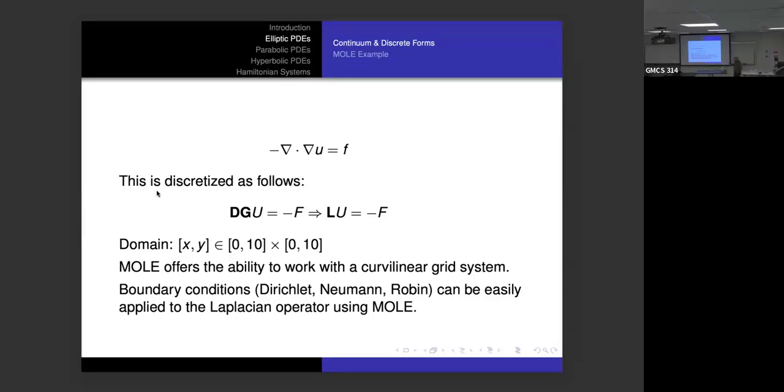So at the moment, we also have different boundary conditions, but you really need to work to impose the boundary conditions properly. We are working in the near future to expand the boundary operator that we have.